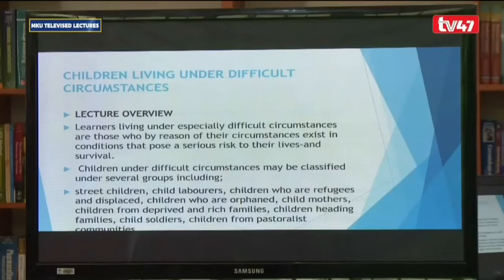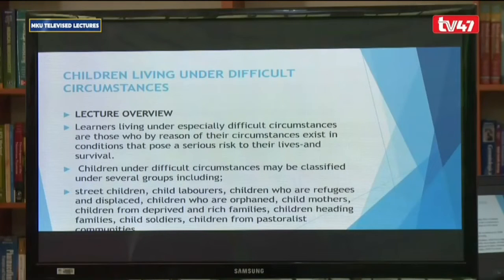Now, another category of learners with special needs are those children living under difficult circumstances. By one reason or the other, they exist in these conditions, but they experience a lot of risk, which affects their learning in learning institutions.